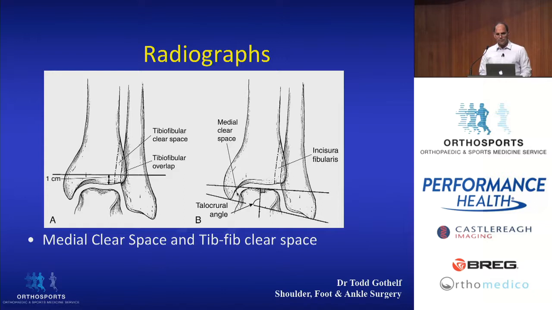The medial clear space is important to look at, and this usually should be less than 5 millimeters. You'll usually look for overlap between the tibia and the fibula, a few millimeters of overlap. And the tib-fib clear space should also be less than 5 millimeters. Those 3 things are what we mostly look at to determine whether an ankle is unstable or stable.